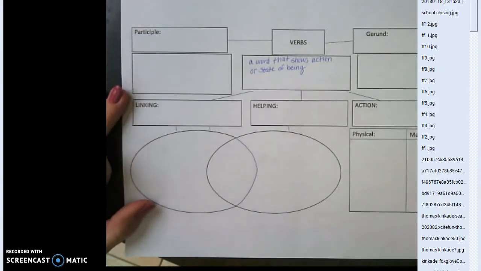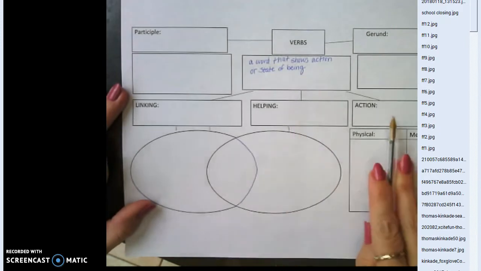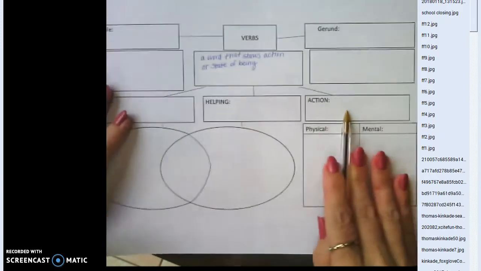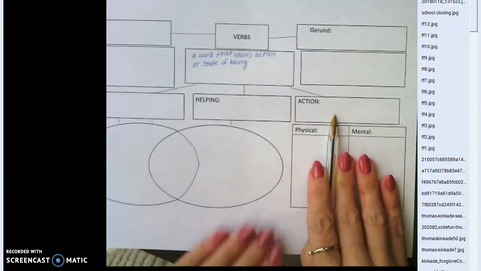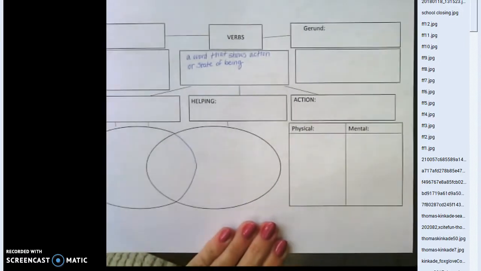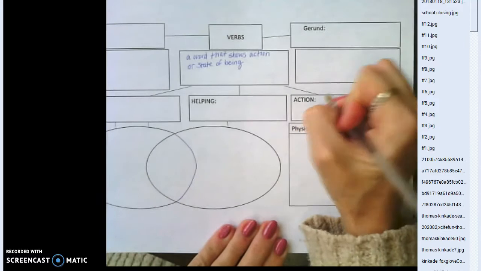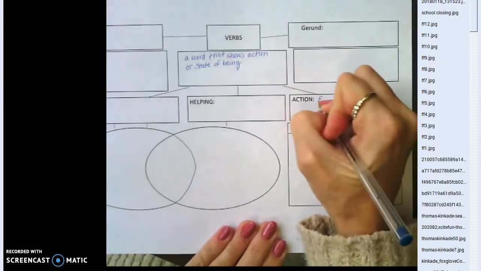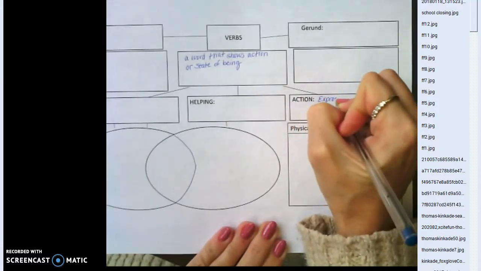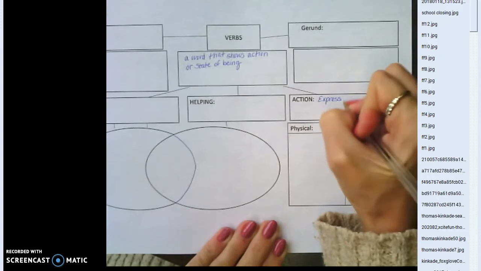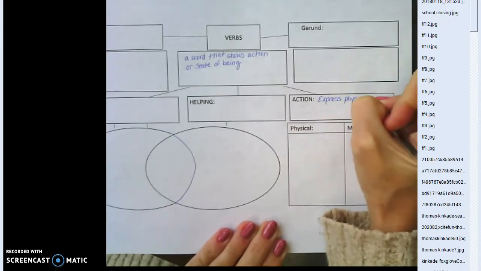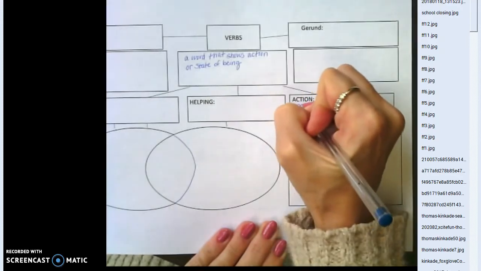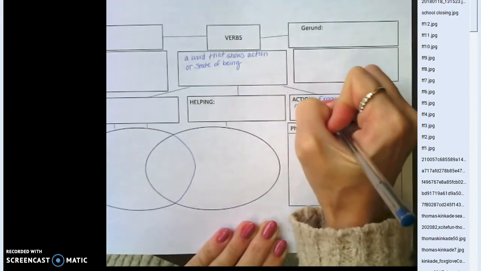And now we're going to go to action verbs right here. And we're going to write down the definition of action verbs, which is the same definition you wrote down in the book underneath the action tab. Okay, so it expresses physical or mental action.